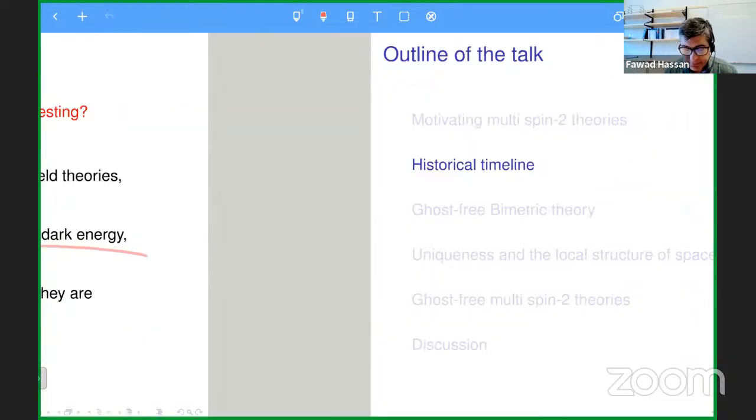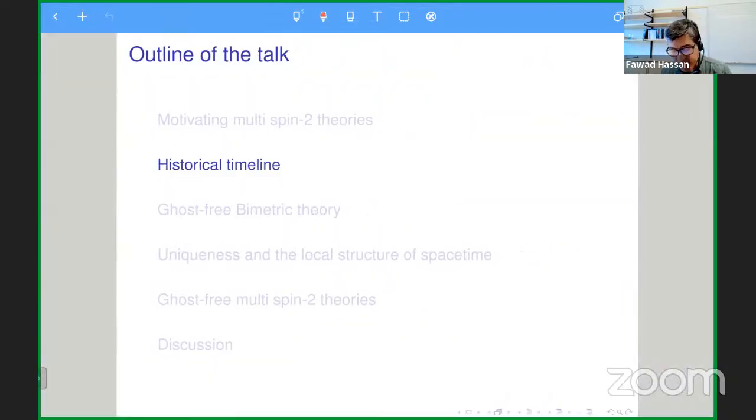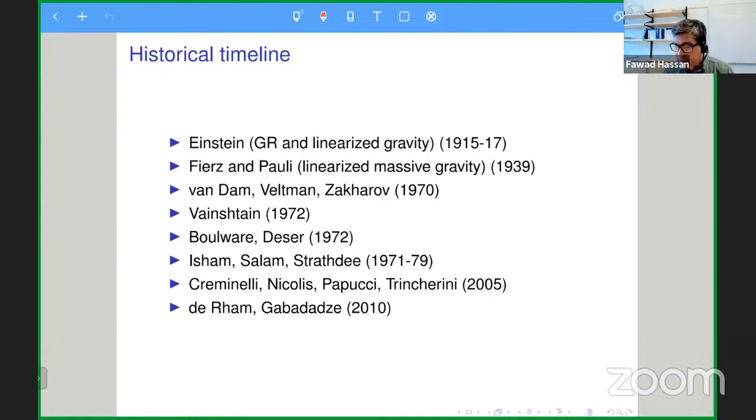Now we will start looking at examples of these theories and what the challenges are. Historically, for spin 2 theory, this is a very short historical timeline. GR we knew from around 2015-17, when Einstein came up with GR.